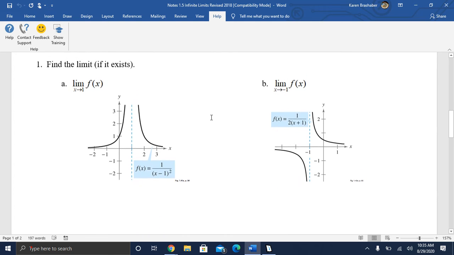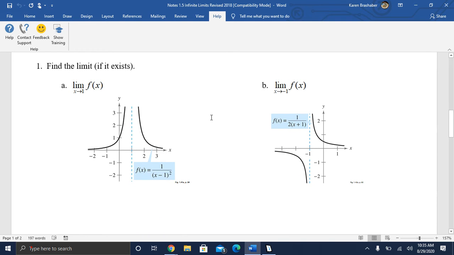So I'll erase this and move on to that next area. This is down at the bottom of the front page of your notes. It says find the limit if it exists. And in part A, we're looking at a graph and the limit as x approaches 1 of f of x. So I've got the 1 right here. There's where x equals 1.